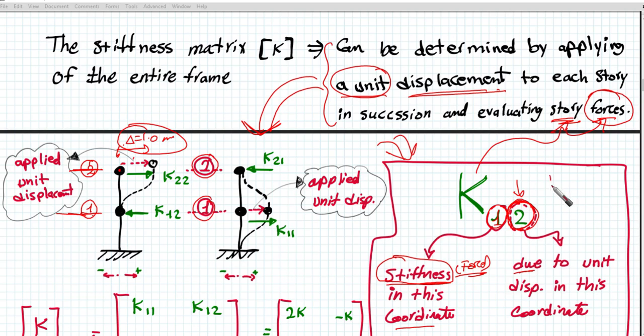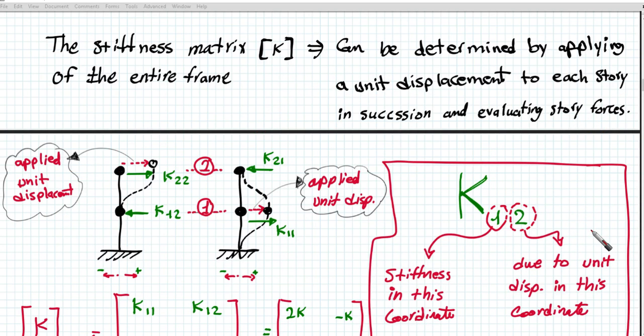So what if I say K11? What is the meaning of it? It means the force or the stiffness that is going to be developed in coordinate 1 due to unit displacement applied in coordinate 1 too. Similarly, K21 is the stiffness developed in coordinate 2 due to unit displacement applied in coordinate 1.